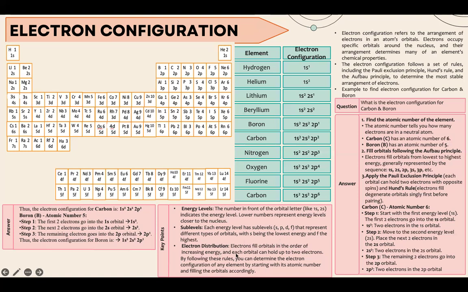Electron distribution refers to electrons filling orbitals in the order of increasing energy, and each orbital can hold up to 2 electrons. By following these rules, you can determine the electron configuration of any element by starting with its atomic number and filling the orbitals accordingly.